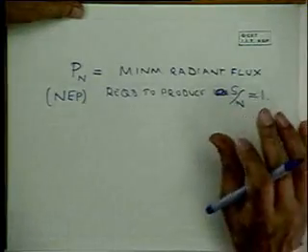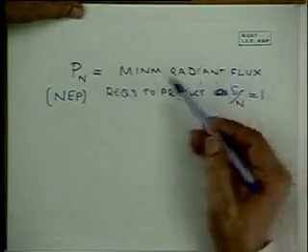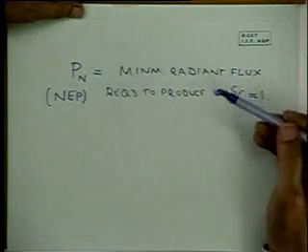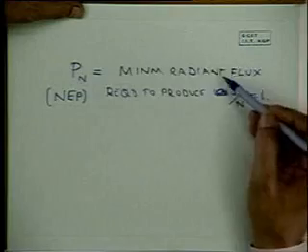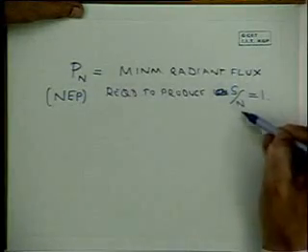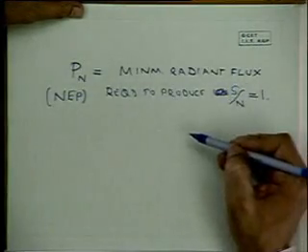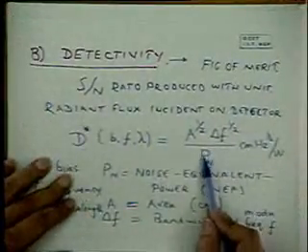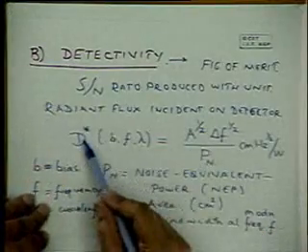There is a certain amount of noise. Pn is the radiant flux which is required to produce a signal to noise ratio of 1. So you see that if the noise is low, then Pn will be low and the detectivity will be high.